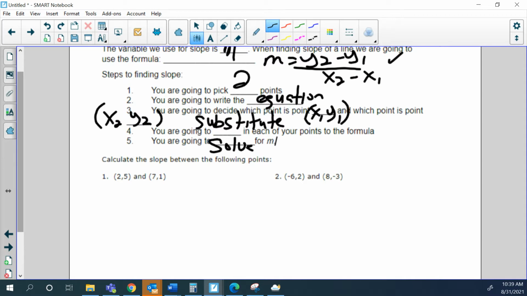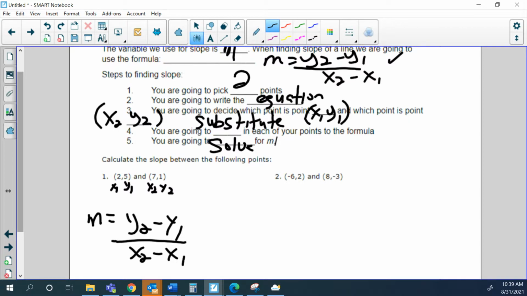So we have 2 points. Now I'm going to identify my x1, y1, x2, y2. Next step is my equation: m is equal to y2 minus y1 over x2 minus x1. Now let's substitute the points.